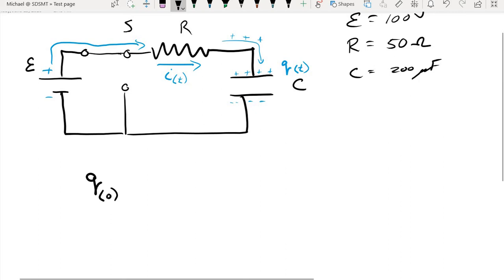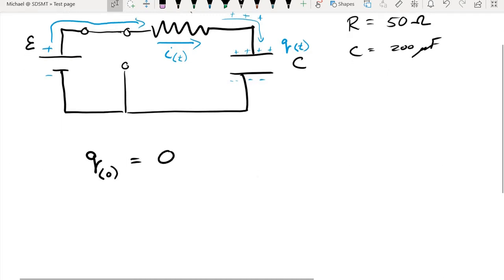So how much charge was on the capacitor before we connected the battery to the circuit? And, well, we already know that it was 0. How much charge will end up on the capacitor after it is fully charged? And, well, we don't have a number for that yet, but we could call it Q max, whatever the maximum charge is that will end up on that capacitor.